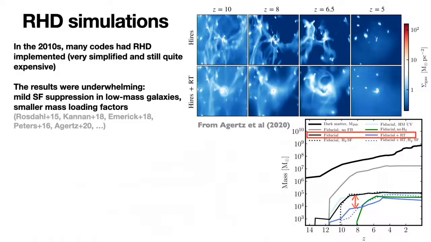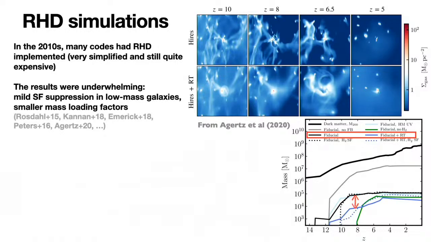And here you see the difference between just including supernova feedback and adding stellar radiation to that. And mostly the difference is you get a little bit of suppression in star formation in this simulation here, which is the blue curve, compared to the black curve for the case with supernova explosions only.